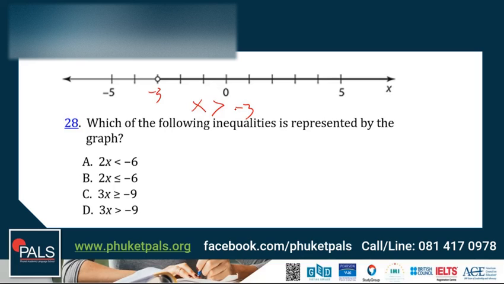Now let's check which of the choices A, B, C, or D is the same as x is greater than -3. Let me try letter D. 3x is greater than -9. Dividing both sides by 3, x is greater than -3. So the answer is letter D.